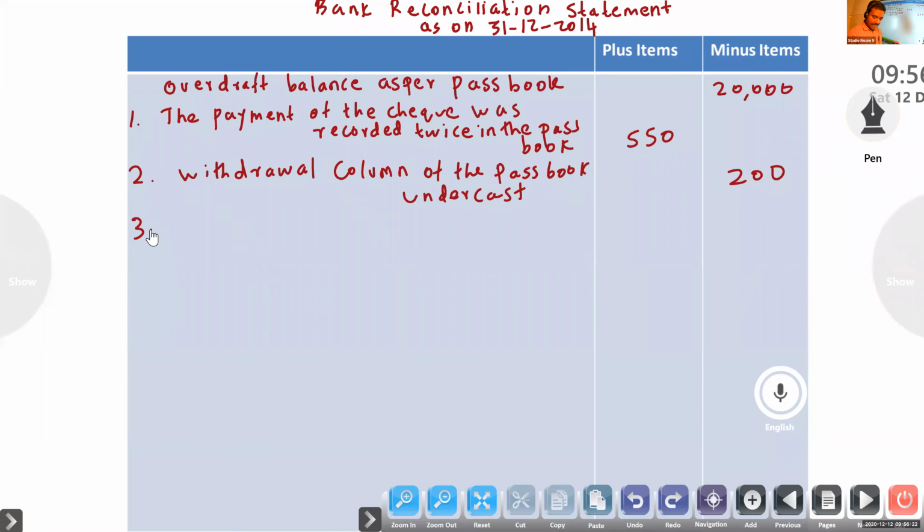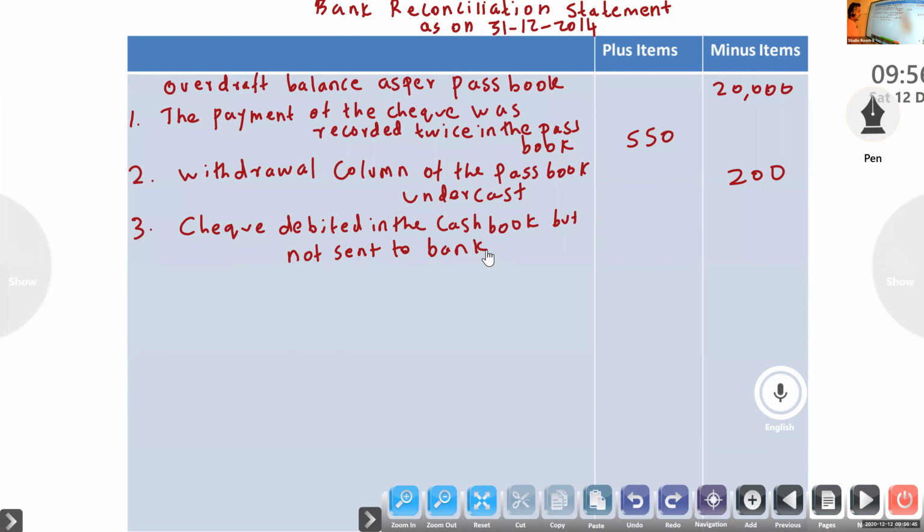Check debited in the cash book means check deposited, but not sent to the bank for depositing. We got a check from a customer, so our cash book will increase, passbook decrease.